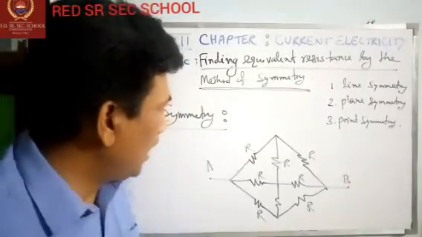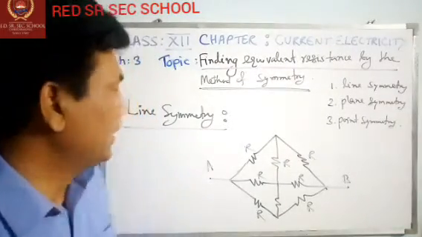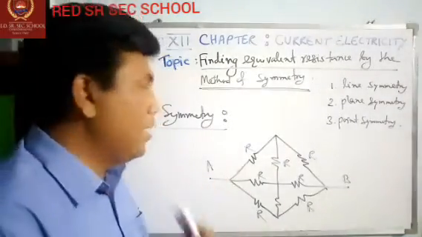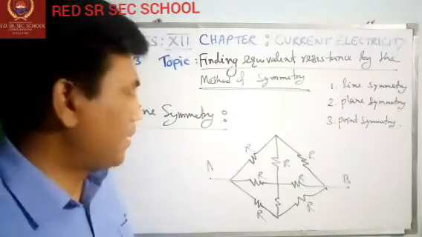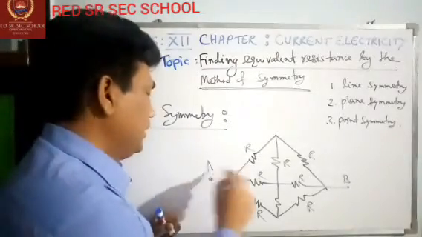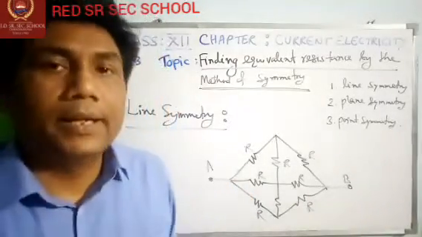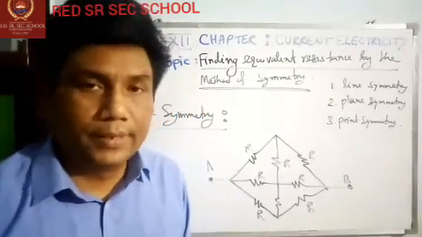What is the concept of line symmetry? First you need to know line symmetry. You have to draw a line perpendicular to the line joining the 2 points A and B, about which the resistance is to be found out.